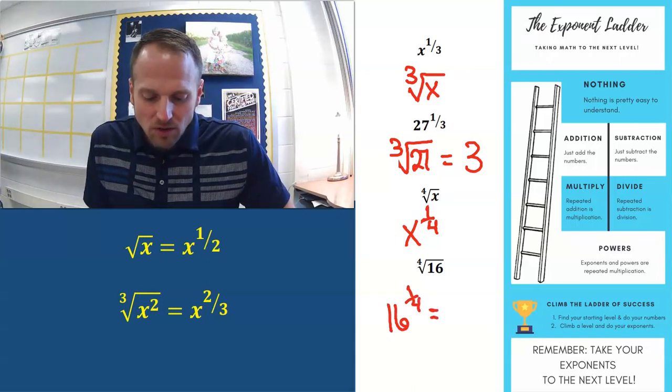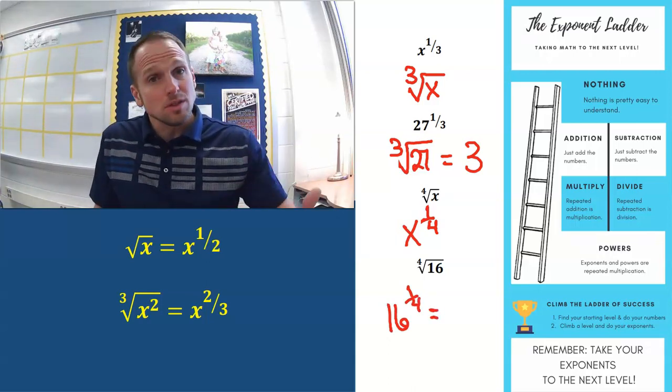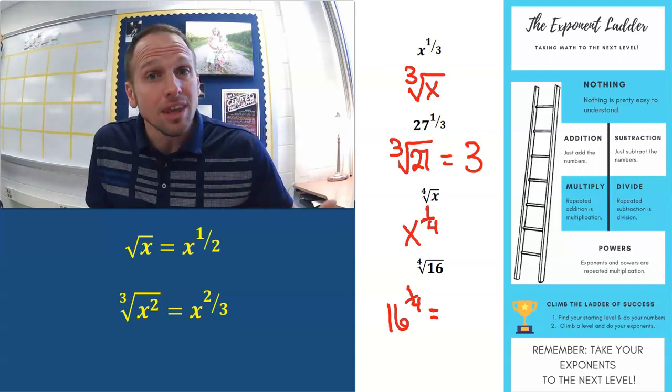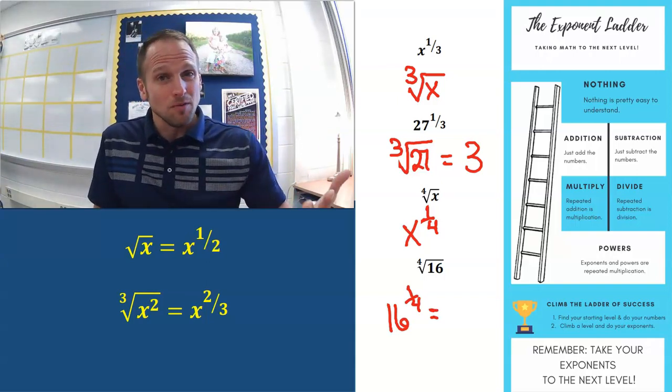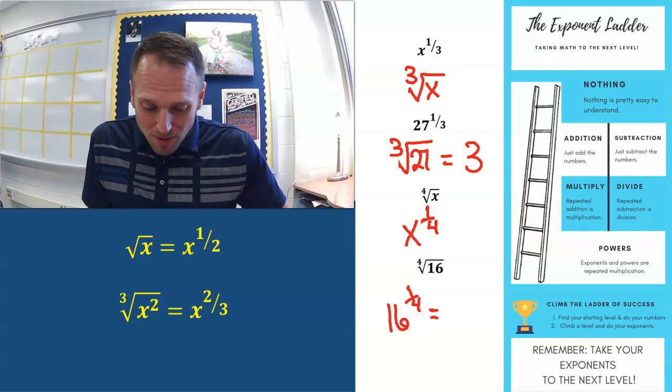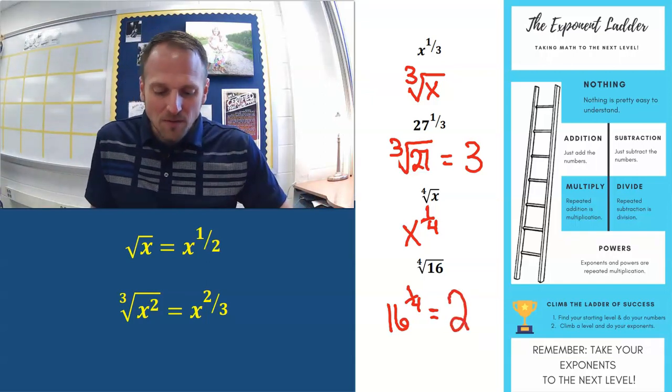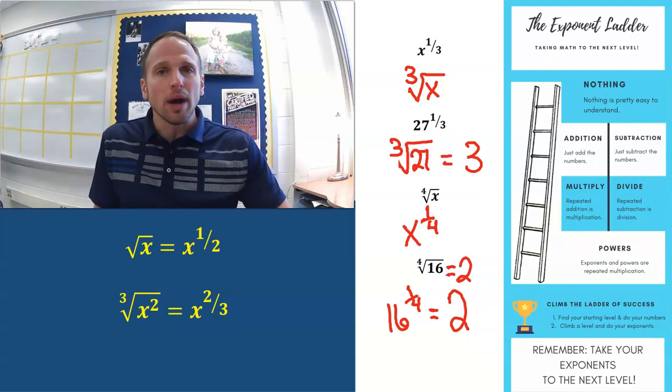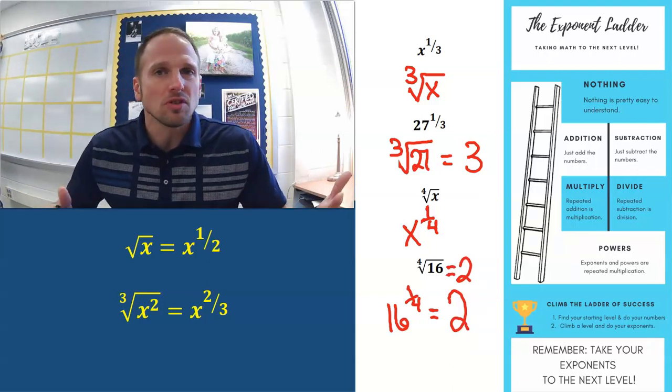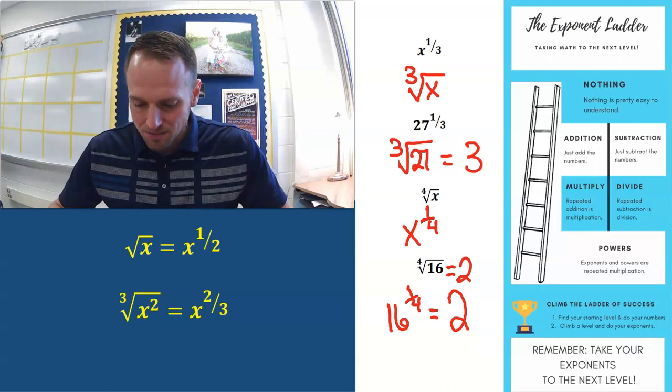And this one we can actually evaluate. Something times itself again and again is going to be 16. Can you figure out what that is? That's going to be the number 2. The fourth root of 16 is 2. 16 to the 1/4 power is 2. Two different ways of saying the same thing.